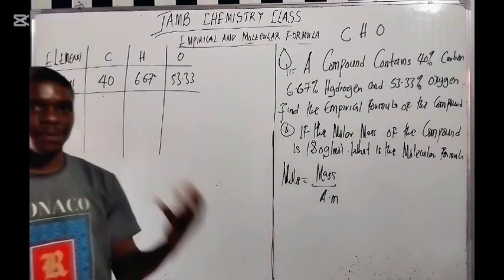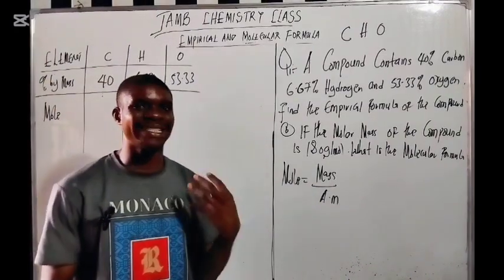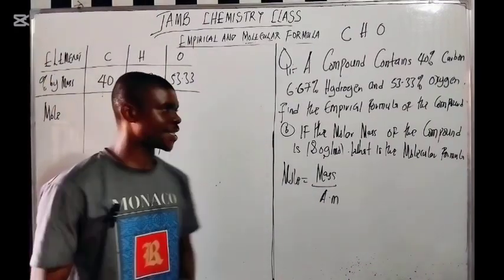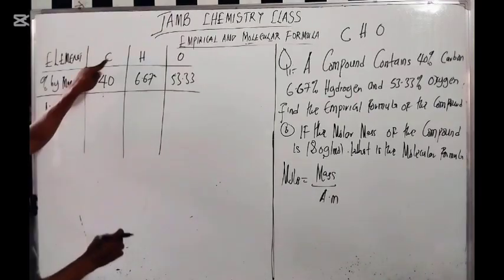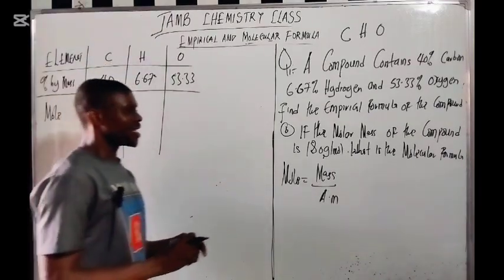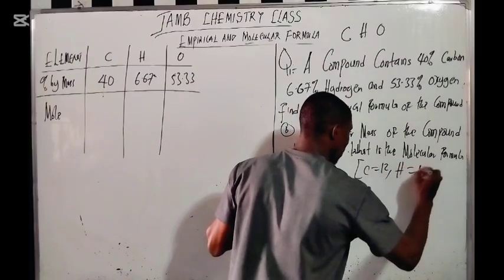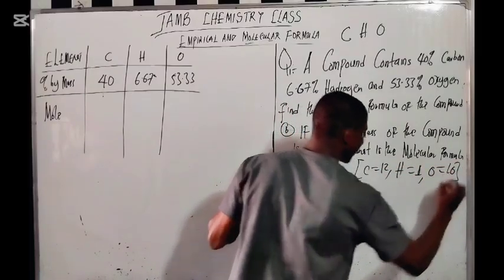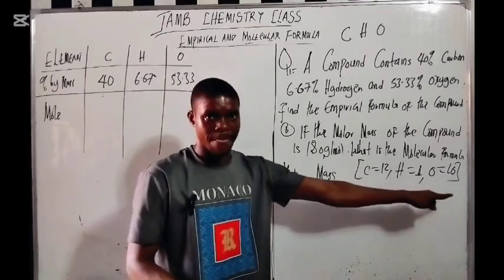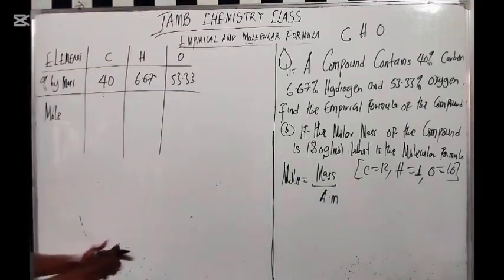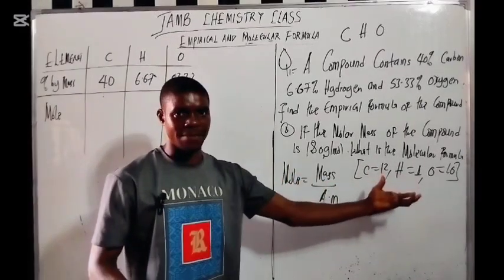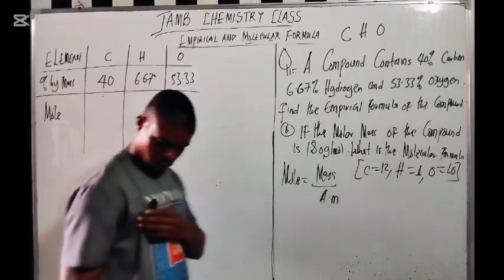So instead of grams, they give us percentage, so we use it in the place of mass, right? Now, what is the atomic mass of carbon? The atomic mass of carbon C equals 12, hydrogen equals 1, oxygen equals 16, right? Hope you can recall this. Very important. Although in the exam they'll be given to you, you have to know them in case they are not given.